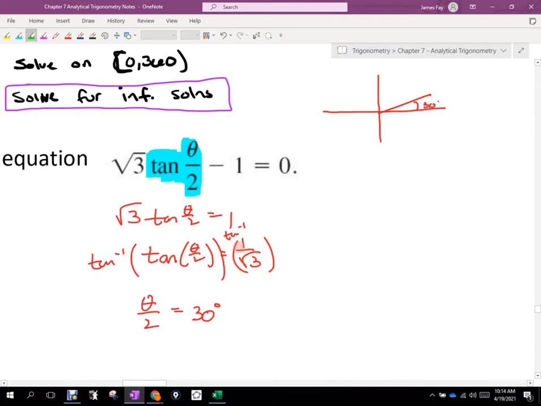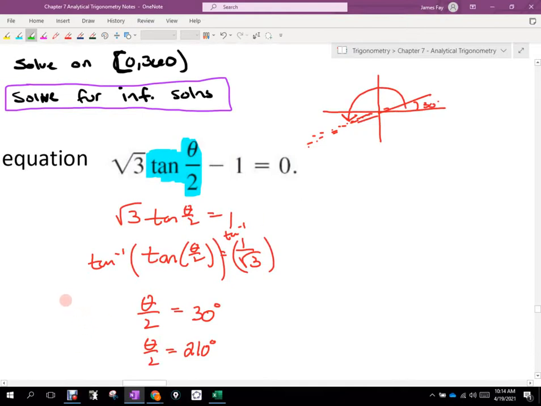Where else is the tangent function positive? The third quadrant. So if I extend that through, that angle there is also a solution for theta over 2. So that would be 210 in this case, right? Because that initial angle is 30, and this one with the dotted ray here is vertical to it. So 180 plus 30.